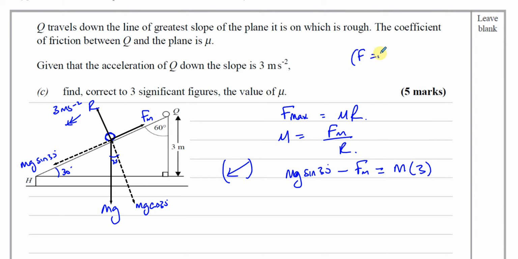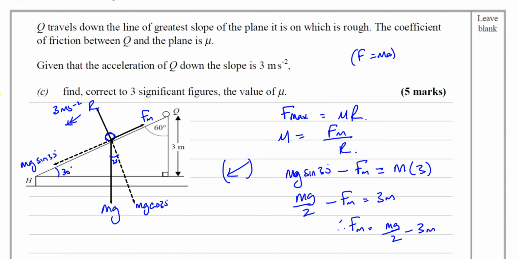The resultant force equals mass times acceleration. So sine 30 is a half, so this gives you mg divided by 2 minus F max is equal to 3m. So therefore we can say F max is equal to mg over 2 minus 3m.